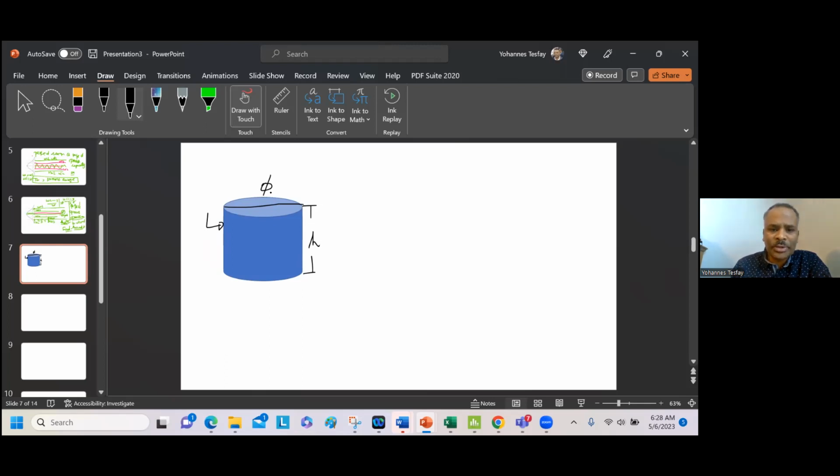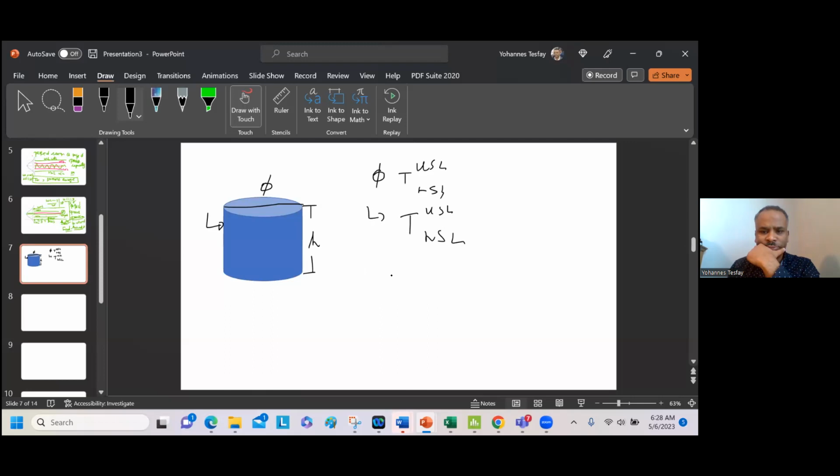So the diameter has a target, then an upper specification limit and a lower specification limit. And runout has its target with an upper specification limit and a lower specification limit, just like that.